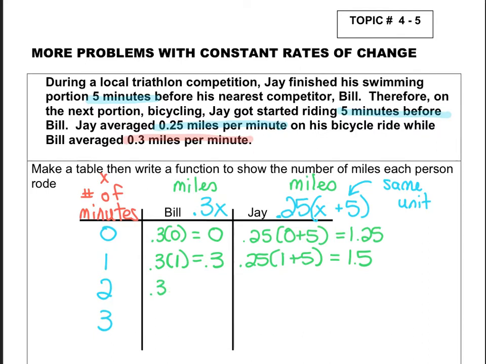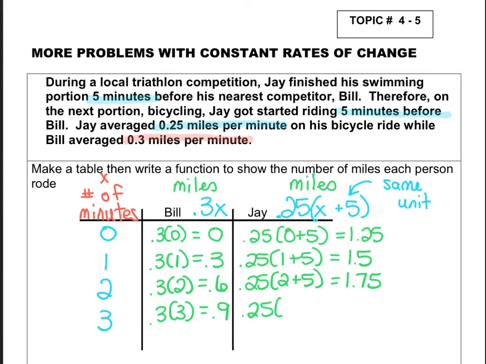Okay, so at 2 minutes, Bill has gone 0.6. And 2 minutes for Bill really means 7 minutes for Jay. So he is still ahead at 1.75. And then we'll go ahead and try 3 minutes. That means 0.9 miles for Bill, which means, again, Jay is still ahead by that 5 minute start, and he has gone 2 miles.